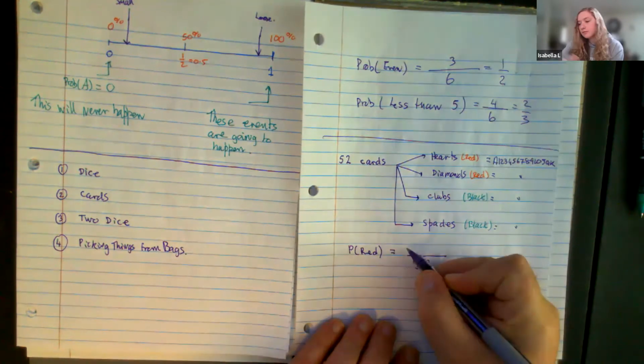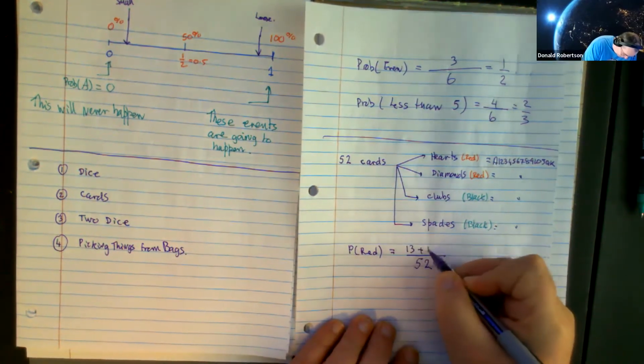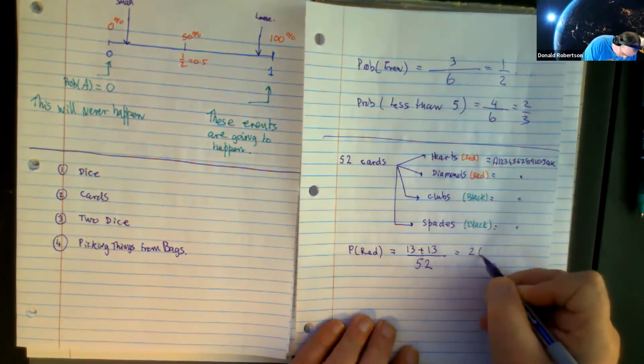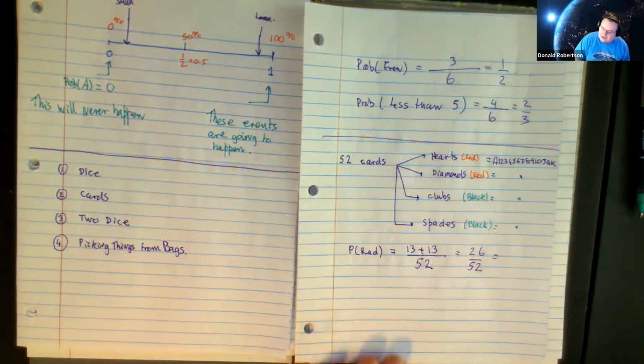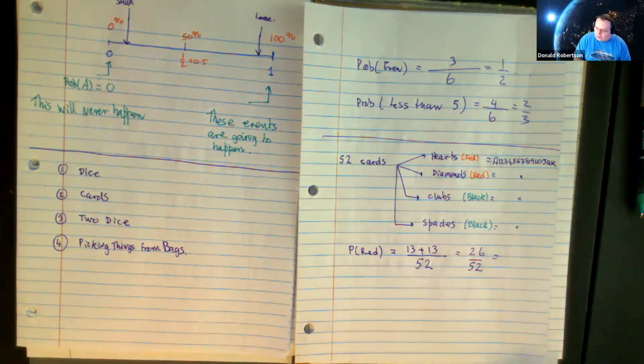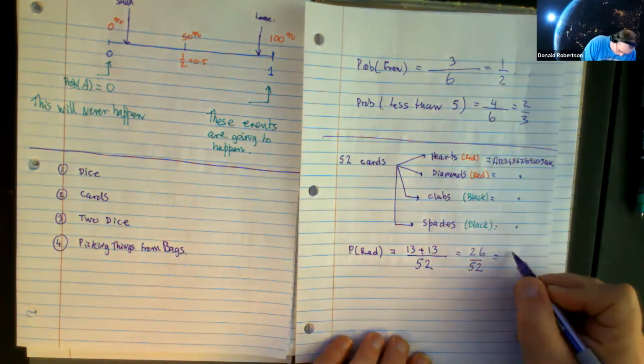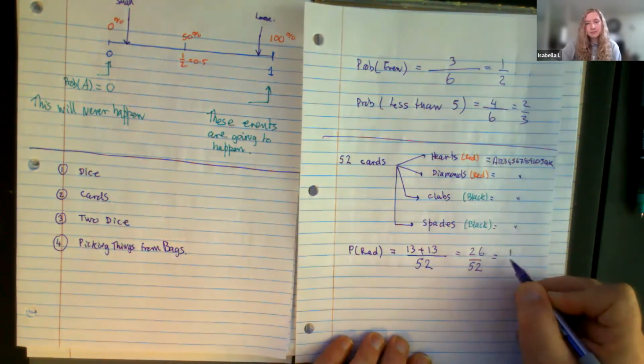Right? So there are 13 hearts, 13 diamonds, so that's 26. And do you notice that that fraction can simplify? And if it can be, you should. What does 26 out of 52 get you? 1/2. Right.